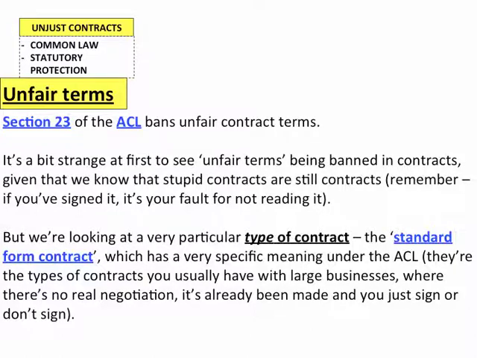So usually, if you buy a phone, go into a phone contract or something like that, they will have a standard form contract. It's already been written for you. There's no negotiation. You don't sit there going, actually, no, I'd prefer to have this. You just go, okay, well, where do I sign? Because you've already printed it out. You're not going to cut and paste things, and maybe it's just like a PDF, you can't do anything.